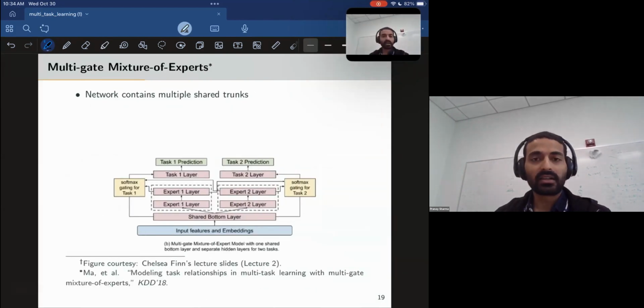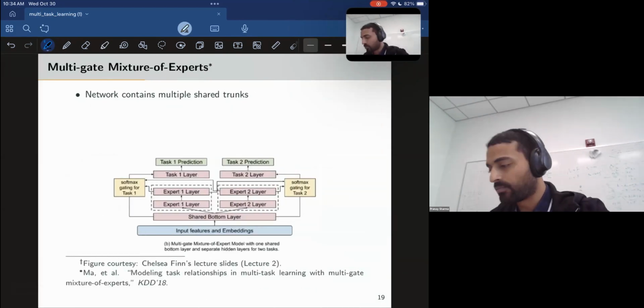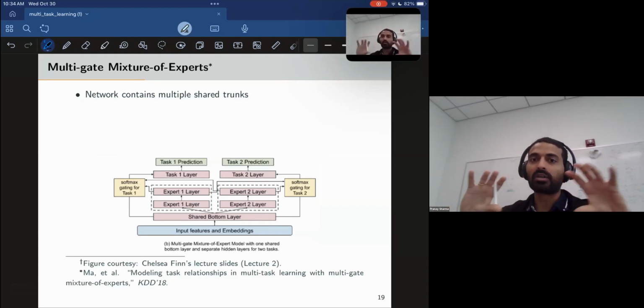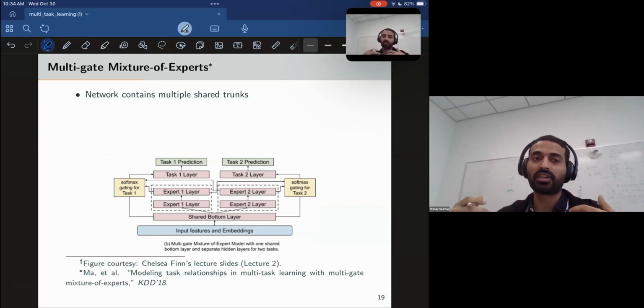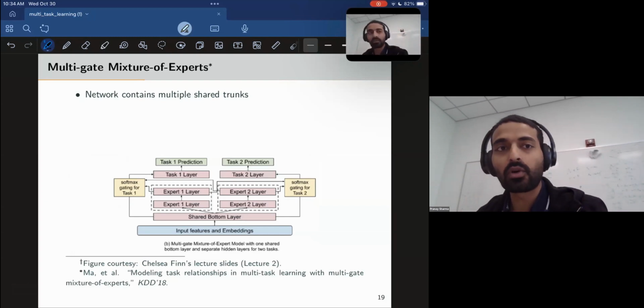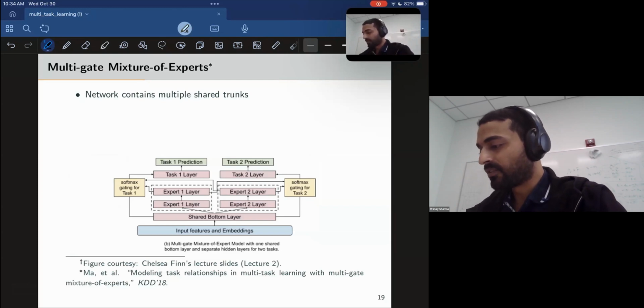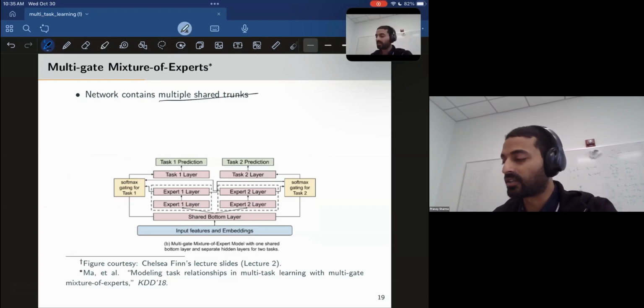Okay, so let's look at another suggestion. So earlier we had a bottom few layers that were shared and the top layers were specific to the task. What if we want to do something a bit more clever? So instead of a single shared bottom layers, we have multiple shared trunks.